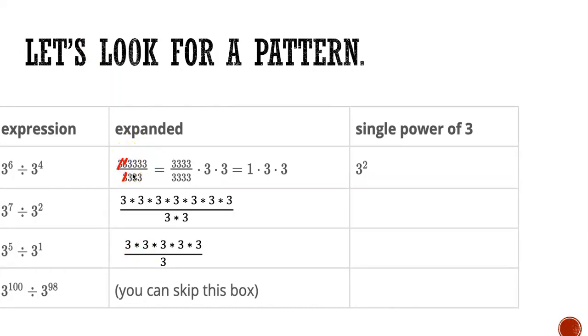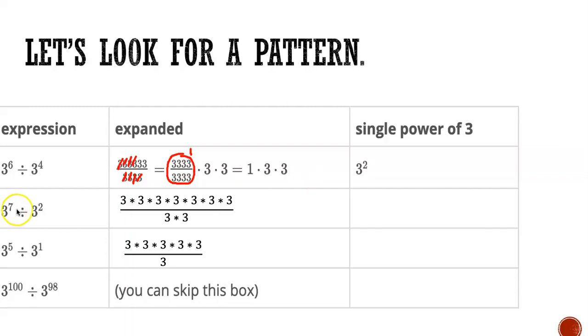So every pair of 3 divided by 3 is going to equal 1. We had four 3s in the top and four 3s in the bottom that divided out to equal 1, so that is essentially equal to 1.